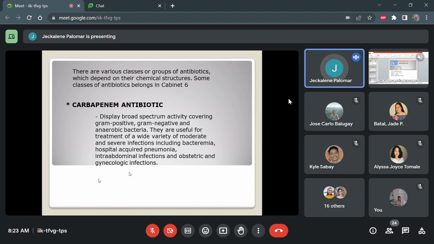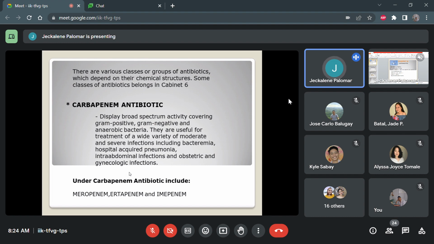They are useful for treatment of a wide variety of moderate and severe infections, including bacteremia, hospital-acquired pneumonia, intra-abdominal infections, and obstetric and gynecologic infections. The examples under the carbapenem antibiotics are the following, which we have in our pharmacy.